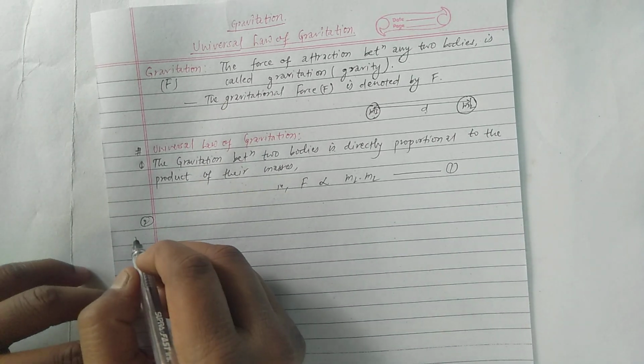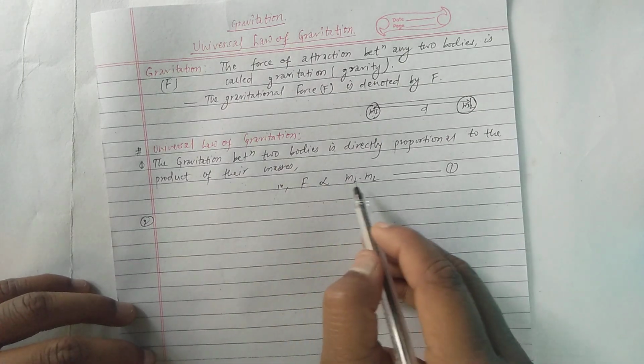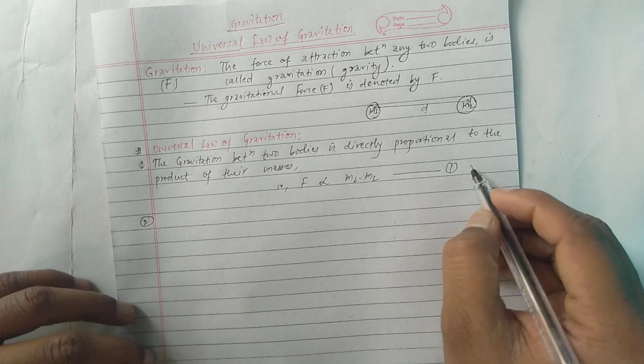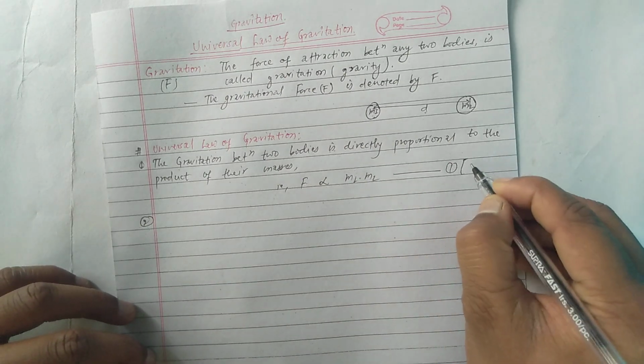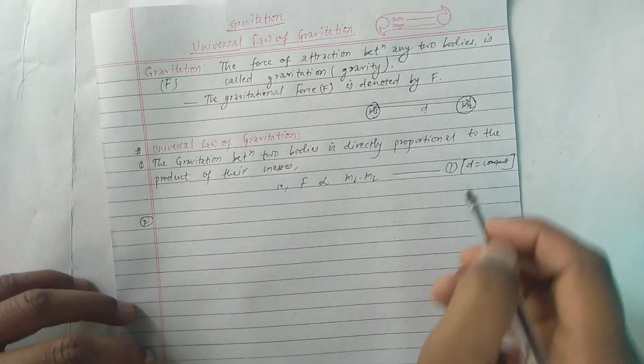Now let's move on to the second law. F is directly proportional to m1 and m2, but we have a condition: d equals constant. Distance must be constant.